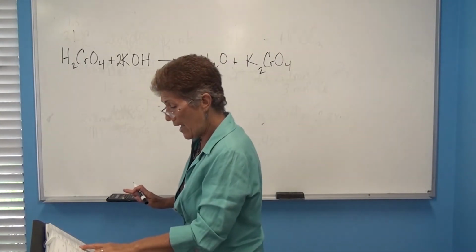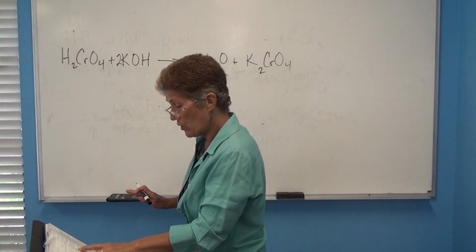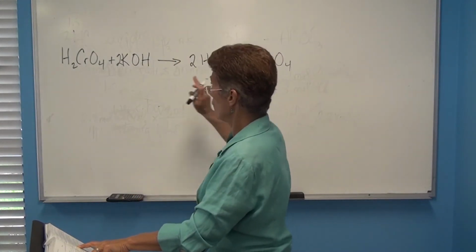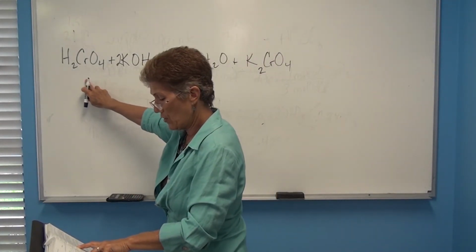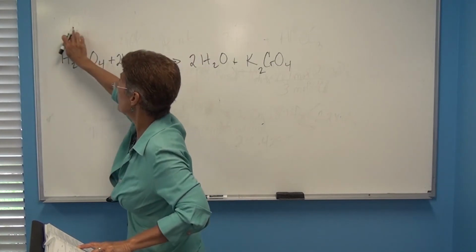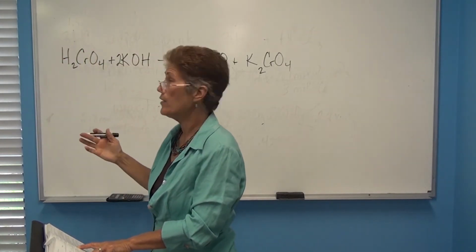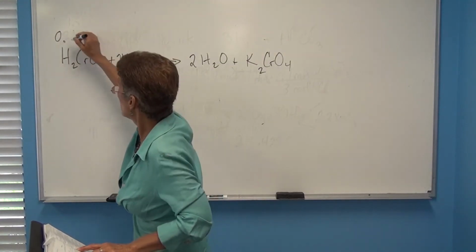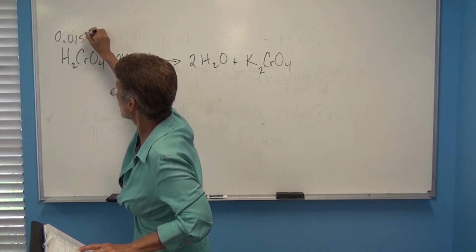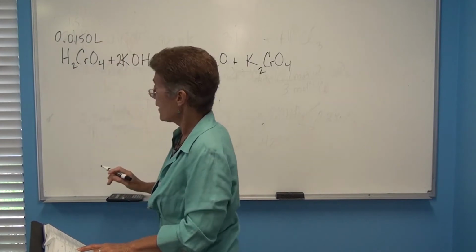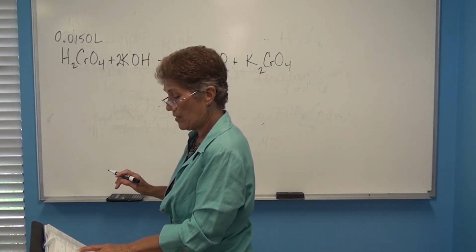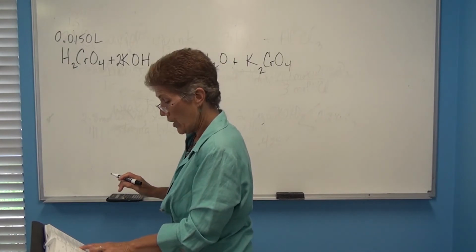Now we go ahead and add the given and get-to information. We have 15 mils of this, and I'm going to go ahead and make that into liters. So I'm going to move the decimal place back by 3, and it's in 3 significant figures. So it would be 0.0150 liters.